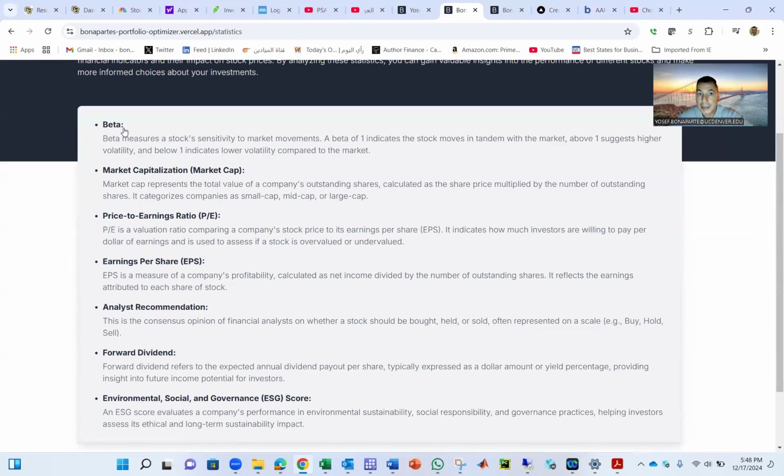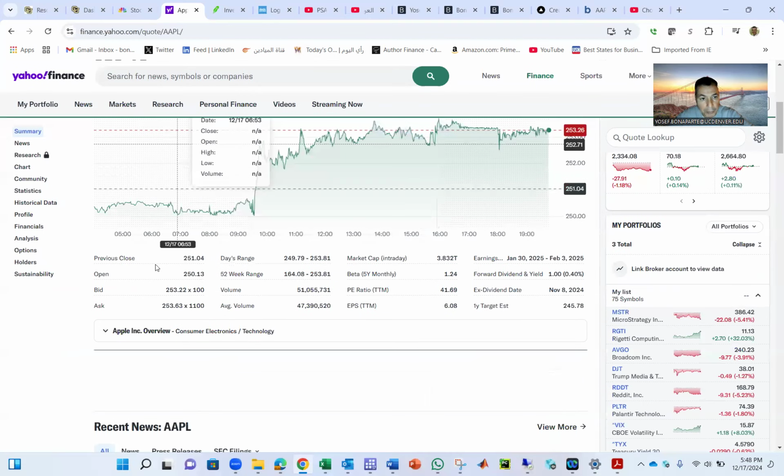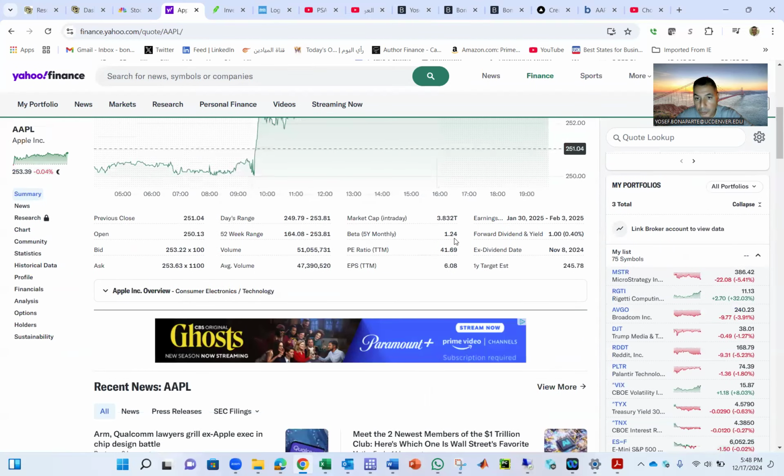First is beta. Beta reflects the risk of the company. If beta is above one, that means riskier than the economy, than the benchmark. Below one means below the market risk, and equal to one means equal to market risk. For example, the beta for Apple is 1.24.